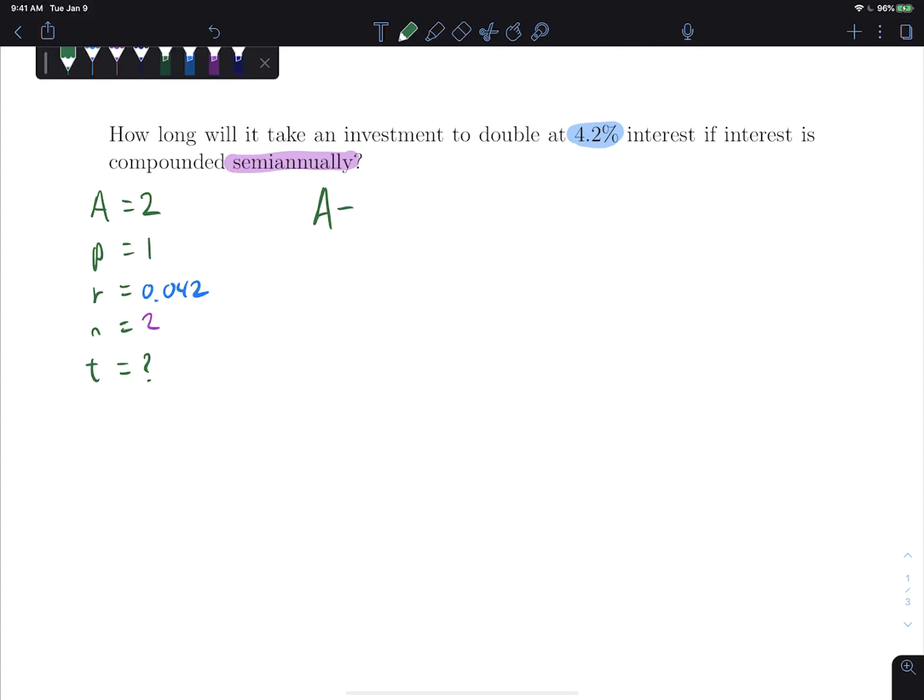And then using the formula, A equals P times 1 plus R over N to the N times T. Notice that we then just plug in A to be 2, P to be 1, R and N, and just keep the T as T. So plug everything in, we get 2 is equal to 1 plus 0.042 over 2, all to the 2t.